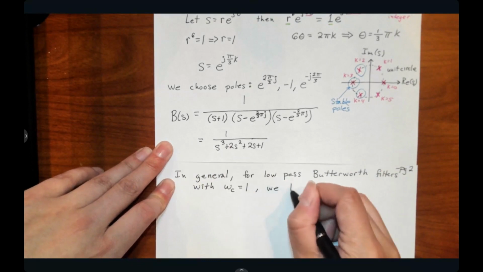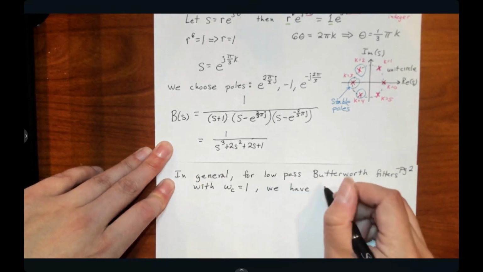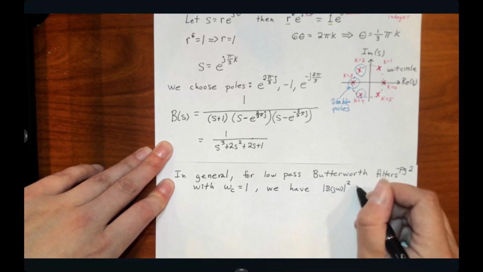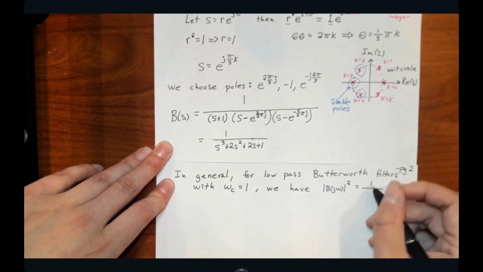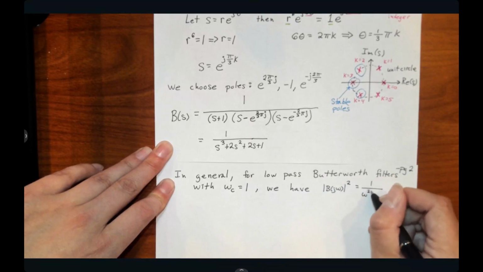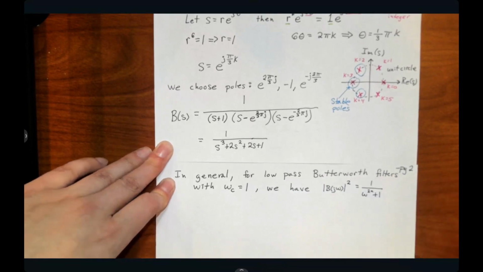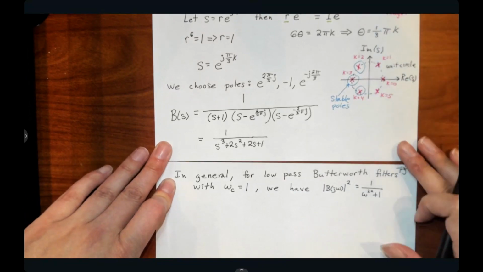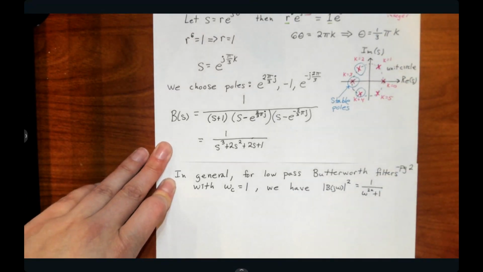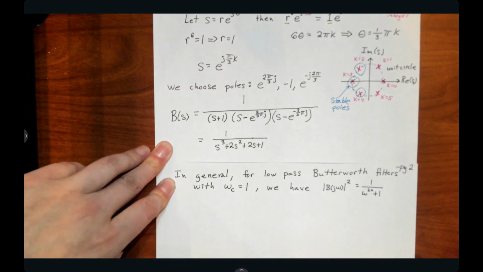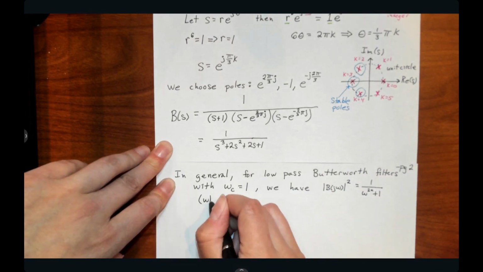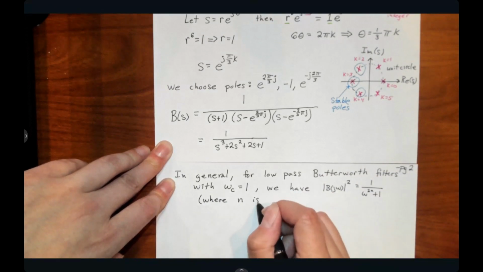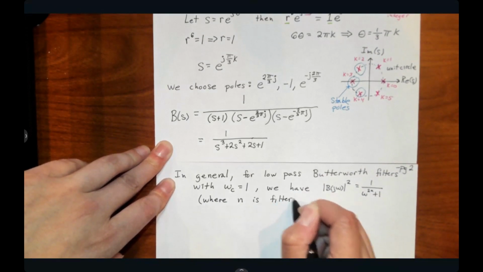So in general, what we're going to end up with is this B j omega magnitude squared is going to be of the form 1 over omega to the 2n plus 1. To get that back into the S form, I want to also note that I wrote it as 2n, and that n is our filter order.